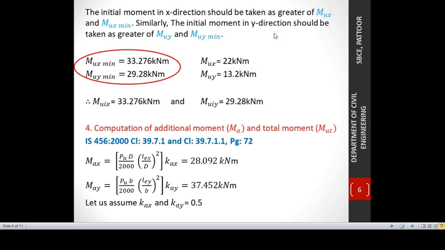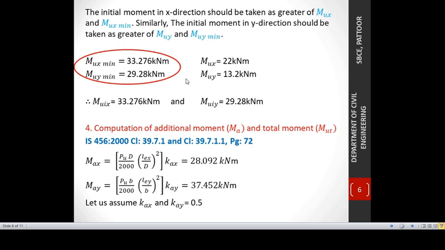In the previous two steps, we have calculated Mux minimum, Muy minimum, and Mux and Muy. We compare Mux minimum and Mux, and whichever is the higher value is considered for the further design procedure. Similarly, whichever is the higher of Muy minimum and Muy will be considered.